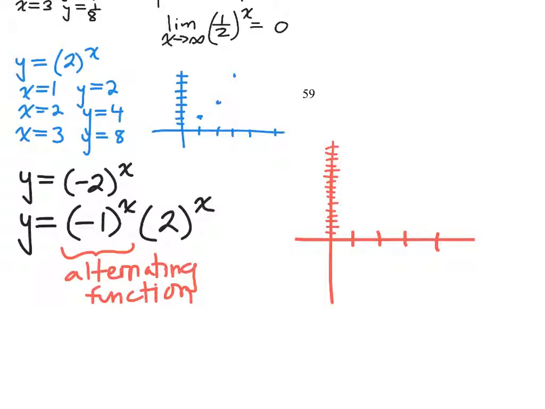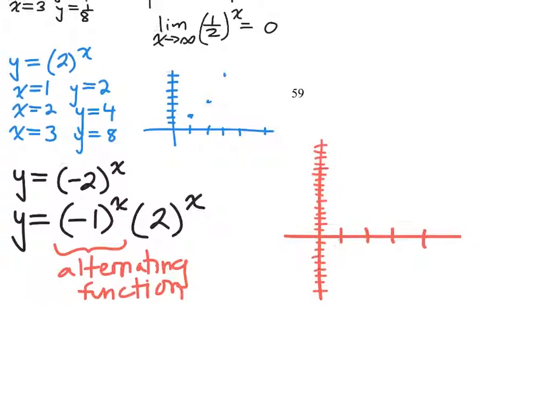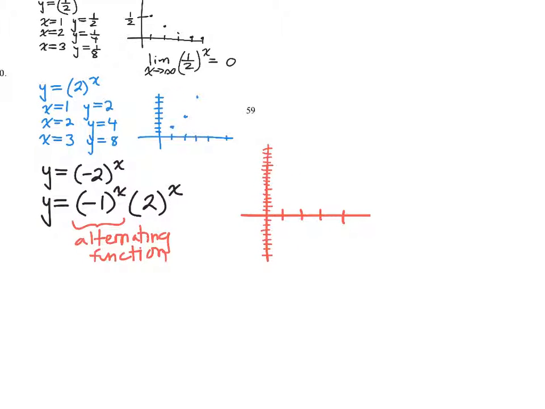And then I just need to go 1, 2, 3, 4, 5, 6, 7, 8. So if I'm plotting points here, you plug in a 1, you're going to get a 2, but a -2. So that's going to put me right here.